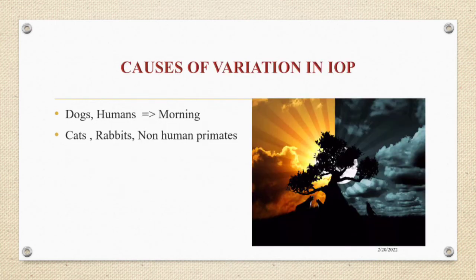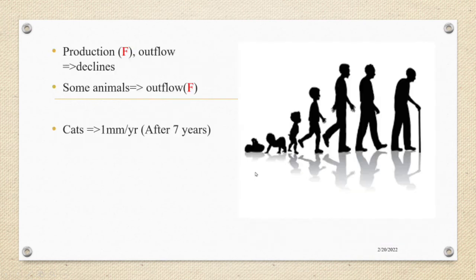Coming to the causes of variation in intraocular pressure: in dogs and humans, the IOP is increased in the morning and decreased at night. That is reversed in cats, rabbits, and non-human primates. Coming to age, as age increases, the production and outflow both decline.